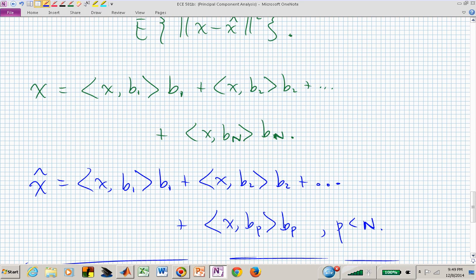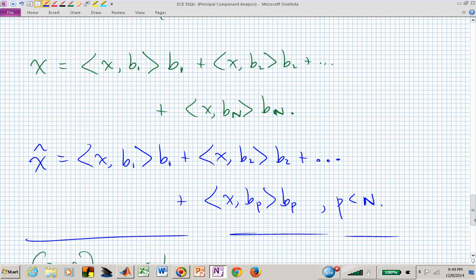And we want x hat to get as close to x as possible, whatever value of p we select. If capital N is 100 and we select little p to be 1, we want to know what's the principal direction that will allow us to best approximate this 100-dimensional vector with a vector in one direction, and we just need the number in that one direction.